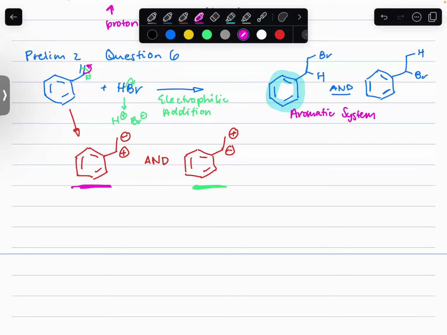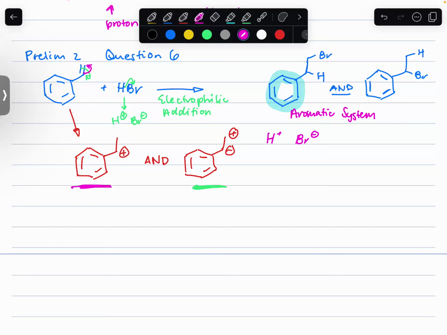And with both of these two structures, we have our H plus and our Br minus. We have two different products that we can make. So we could have our alkene attacking the proton and creating the carbocation.